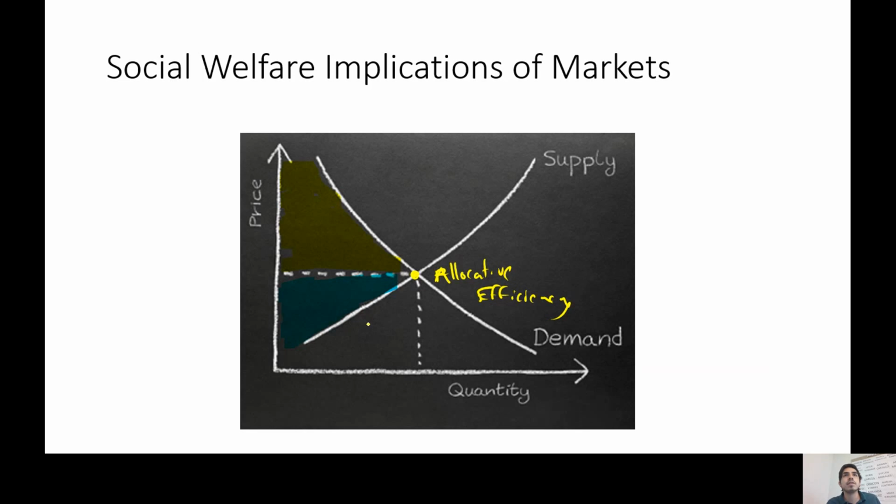We're not in allocative efficiency when people that value a good or service at a particular price are unable to obtain it. But we said leaving markets to their own devices, assuming perfect competition, assuming no other types of market failures, we arrive at allocative efficiency and we maximize social welfare, which we measure as consumer and producer surplus.